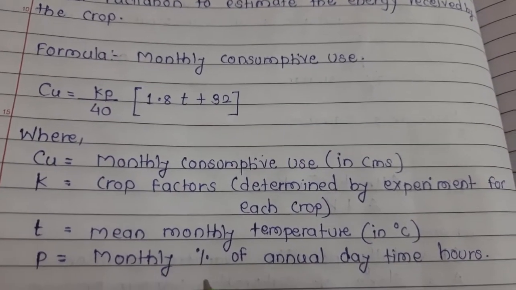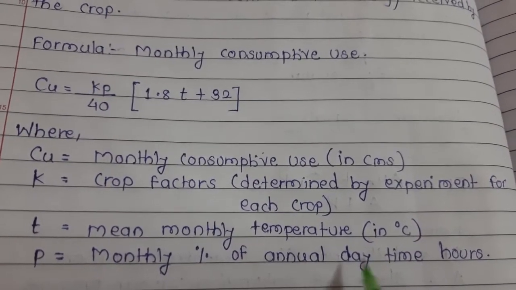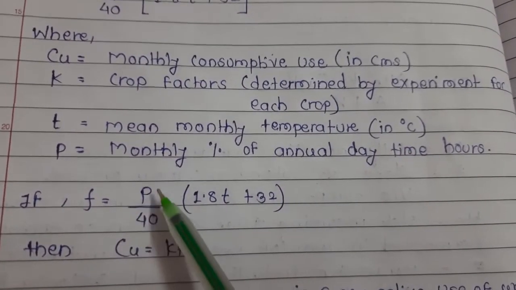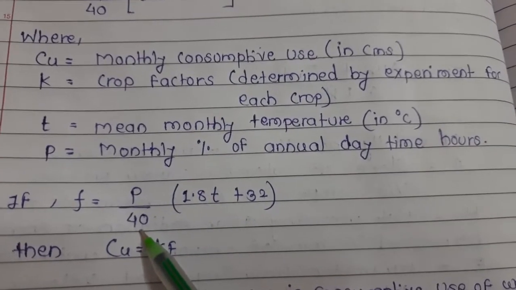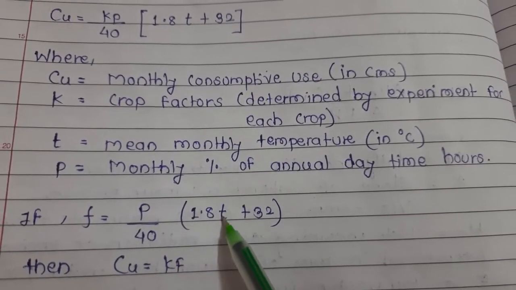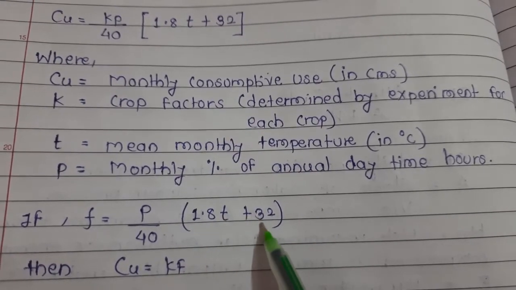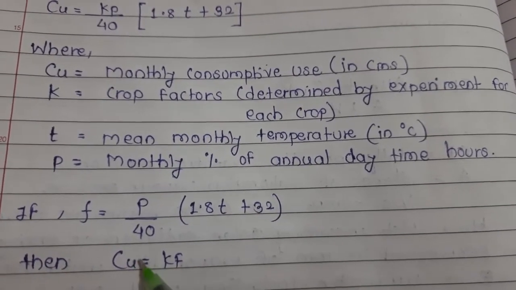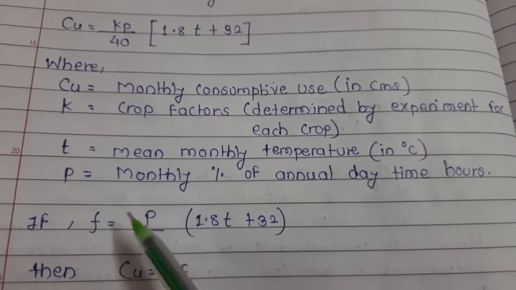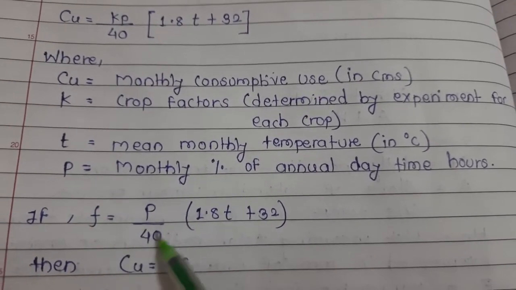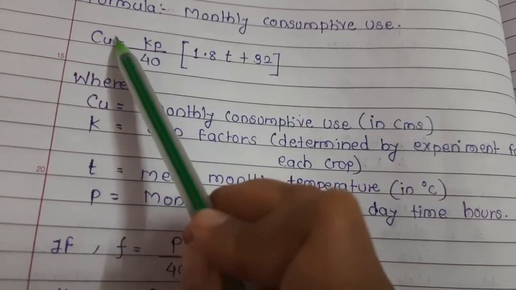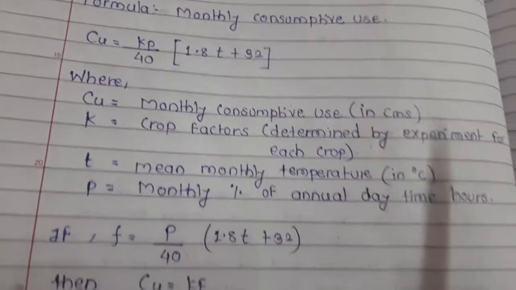P is the monthly percent of annual daytime hours. If F is equal to P by 40 into 1.8 T plus 32, then CU is equal to K F.